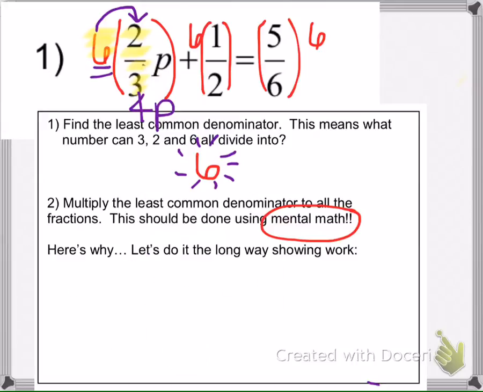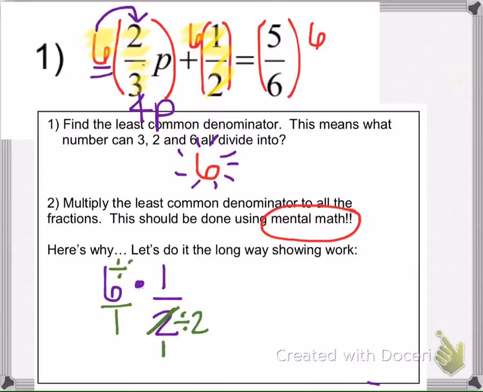Okay, so now if we do 6 times 1/2, again, you should be able to do this in your head. But for this first one, I'm going to write it out so you could see why we could do it in our head. So when we multiply 6 times 1/2, the 2 is going to disappear because 2 divided by 2 is 1. So this is going to change to a 1.